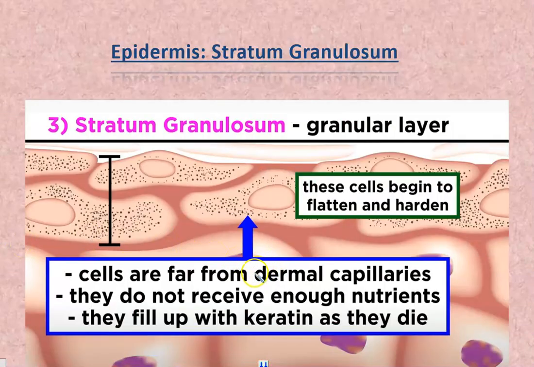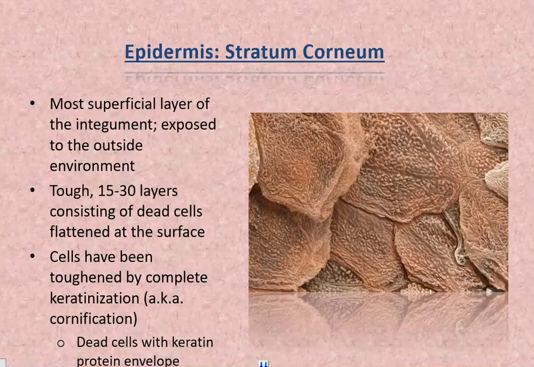They start to become flat and harden in the granulosum. They're starting that death there. Here's what they look like up in corneum. It says tough, 15 to 30 layers consisting of dead flat cells. That is what really helps us be waterproof, and that will slough off there.